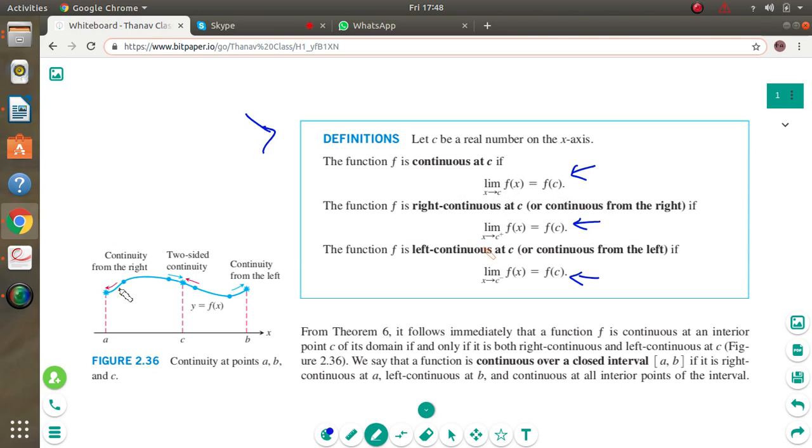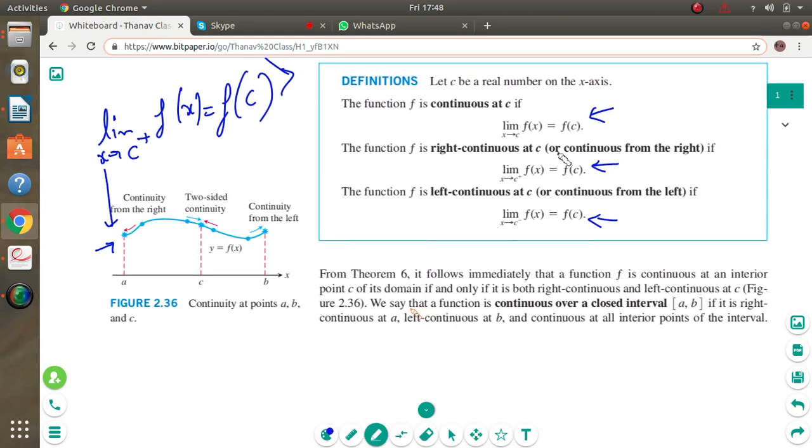I'm again repeating through the graph. At this point we have continuity from the right, because, an important point, limit x tends to c plus of f(x) is equal to f(c). Here we have continuity from the left. At this point, limit x tends to b minus of f(x) is equal to f(b).